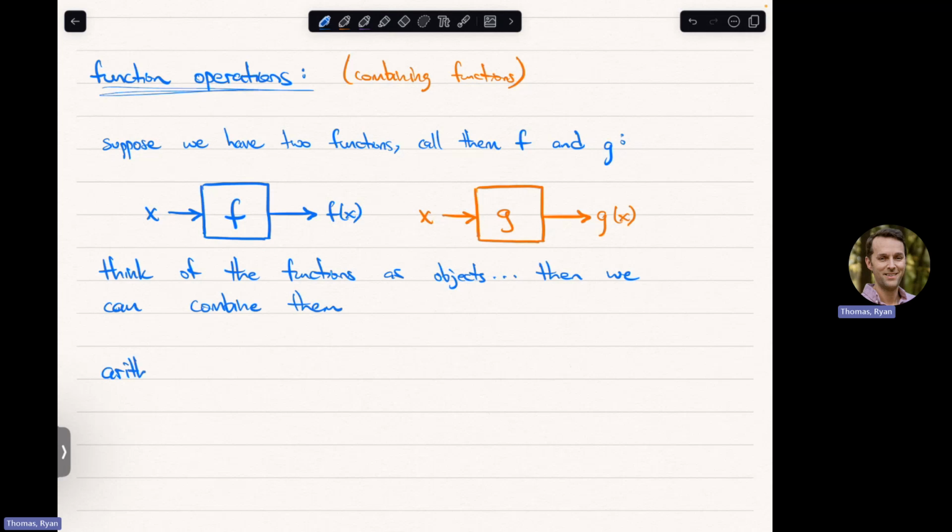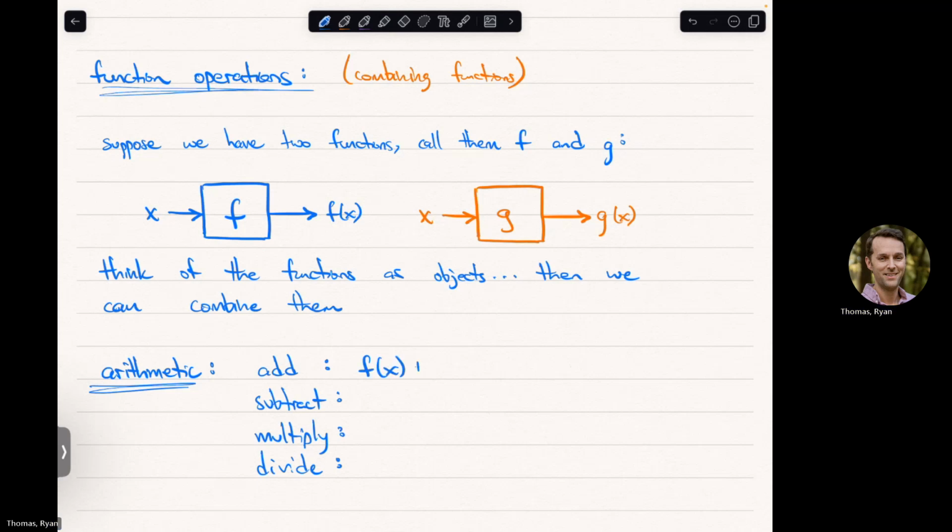There are two main types or categories of combinations we need to be able to do. One is arithmetic, where we add, subtract, multiply, or divide. And what we're doing when we take two functions and add them together is just adding them together.